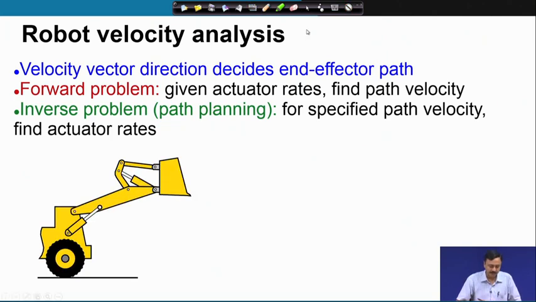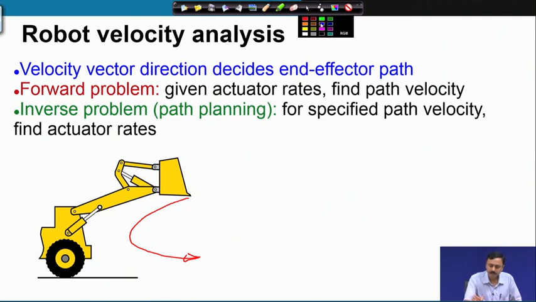So, for example, in this excavator, if I want to move it on a certain path, I must have the velocity defined tangent to the path. So, these are the velocity vectors. At each point we have such a velocity vector which must be tangent to the path.